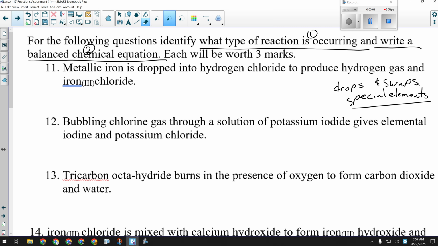Okay, there are many of both of those, and if you miss one, the best you can hope for is that you identified the type of reaction correctly, because if you forget a special element, you don't have the reaction written properly, and your balancing won't be right. Okay, so it's a big deal to remember or check for special elements and get your drops and swaps right.